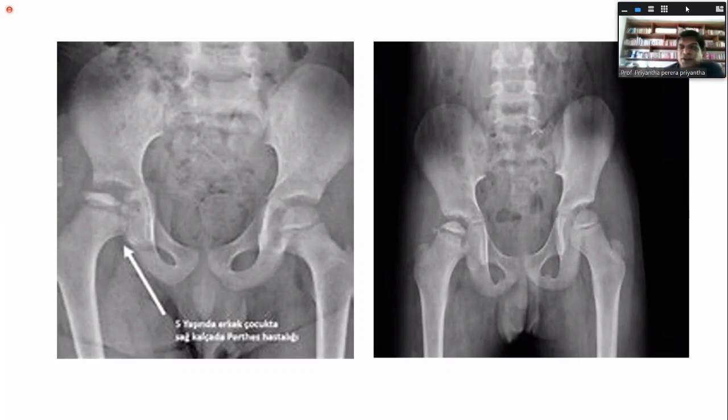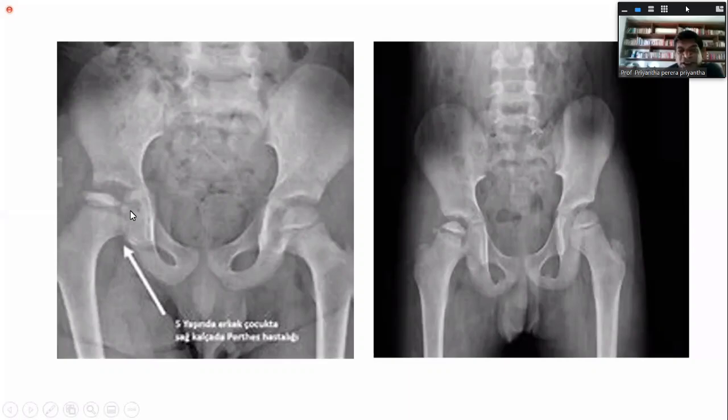More than 50% involved means poor prognosis. The features are that the head of the femur will be crumpled and flattened, and the margin of the acetabulum becomes sclerosed, with an irregular acetabular fossa. Those are the features of Perthes disease.